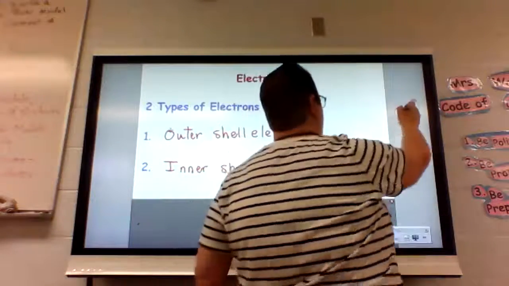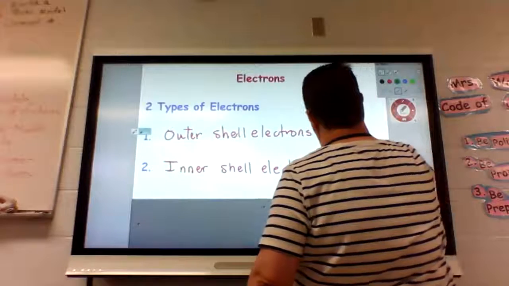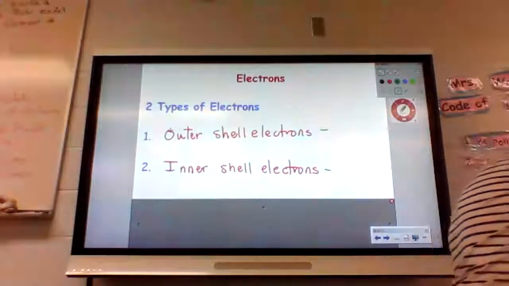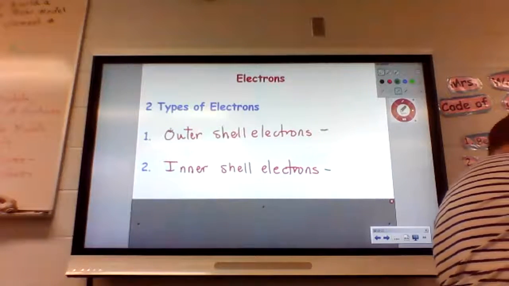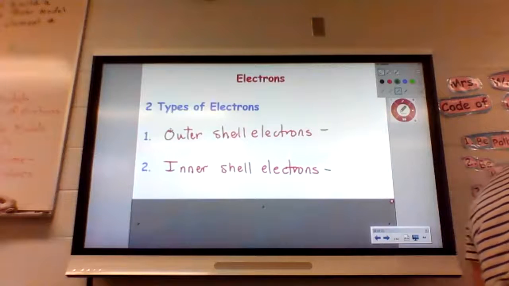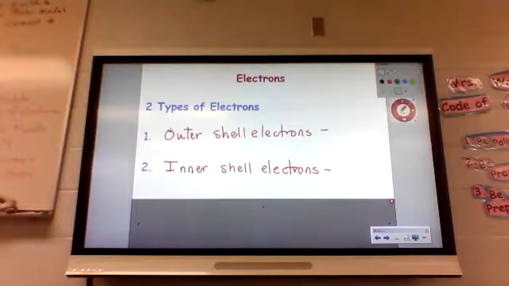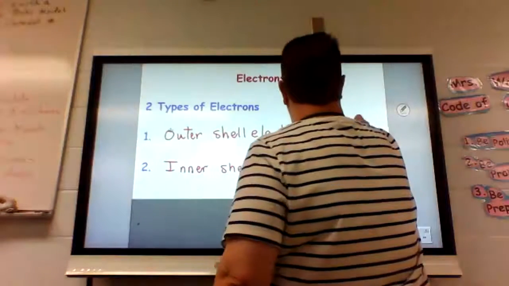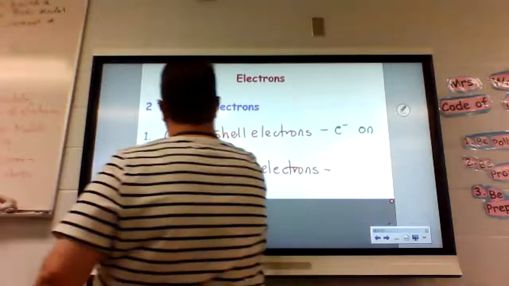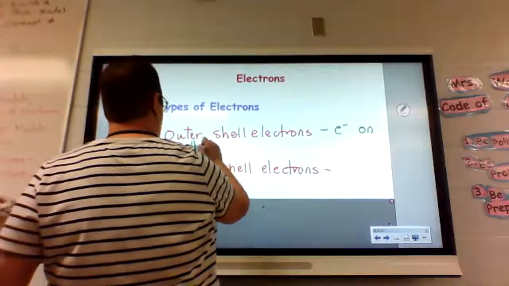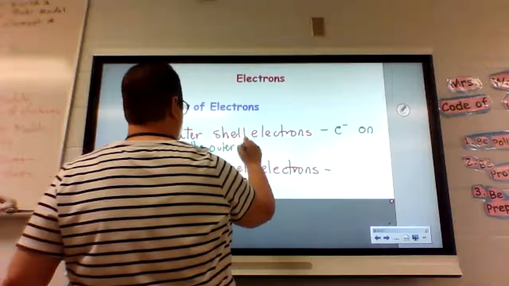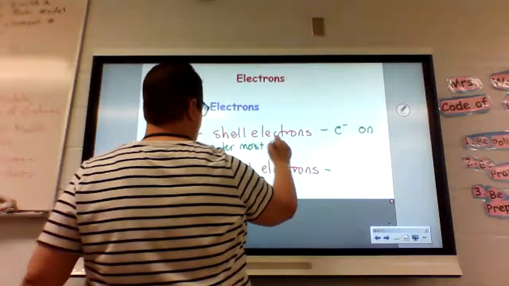All right, so what is an outer shell electron? An outer shell electron are electrons on the outermost ring.